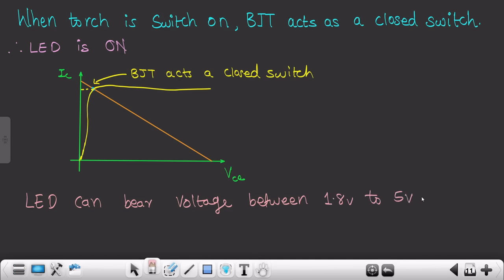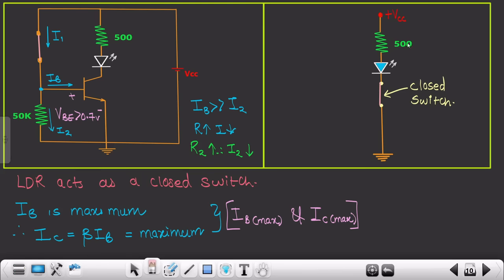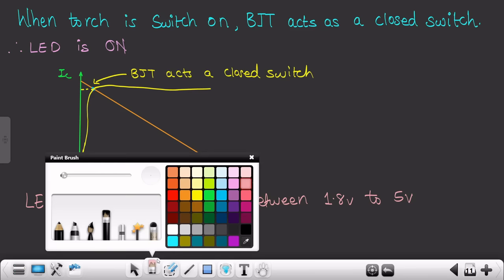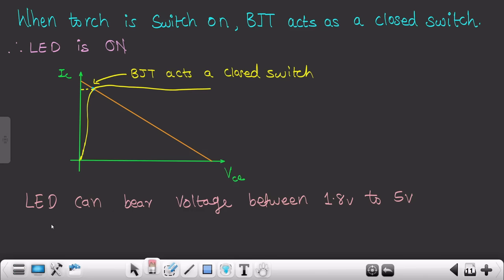Again, this is a pure technical concept. Since we had connected 500 ohms of resistor over here, we can put the value of VCC as 5 volts.